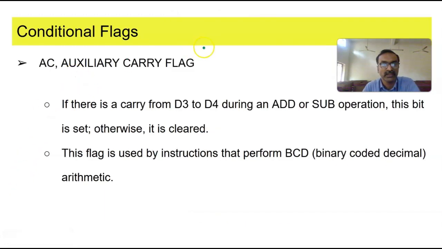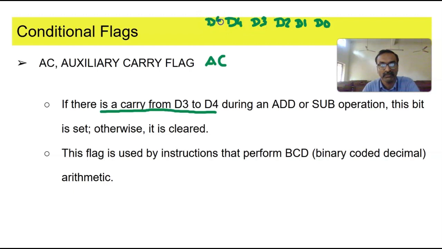Next we will see the auxiliary carry flag, AC. The auxiliary carry flag is set when there is a carry from D3 to D4. When we take the bits, we have D0, D1, D2, D3, D4, D5, D6, D7.